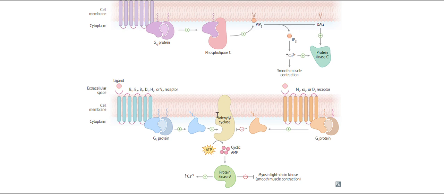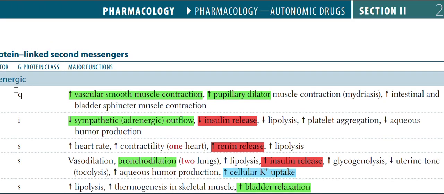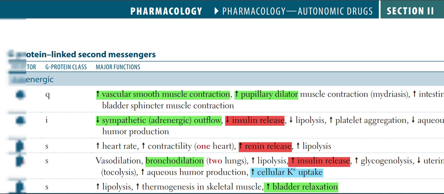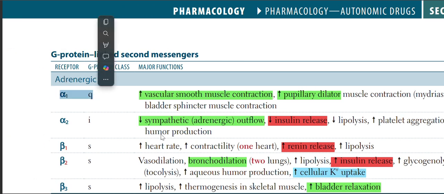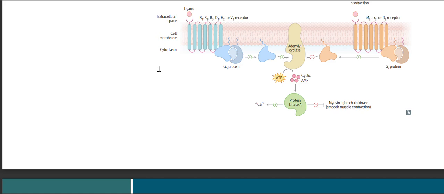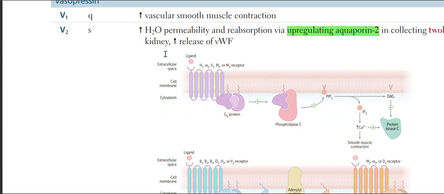It's actually pretty weird, the type of questions they ask, and they'll usually give you a ligand. They might tell you that we gave the patient, let's say, an alpha 1 blocker. So they tell you that, and now you know that it's a GQ protein.